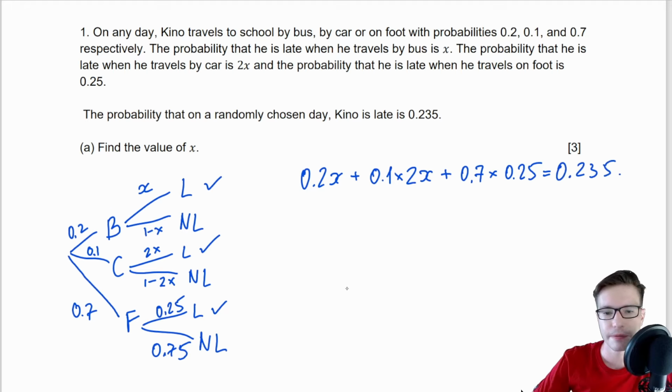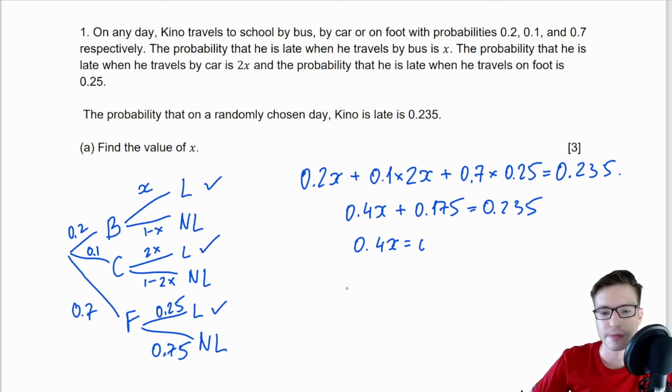Now simplify that, and we'll get 0.4x plus 0.175 equals 0.235. Now move all the numbers to the right side, and 0.4x equals 0.06. And finally divide both sides by 0.4, and we'll get x equals 0.15. I will keep this as the answer for my first question.